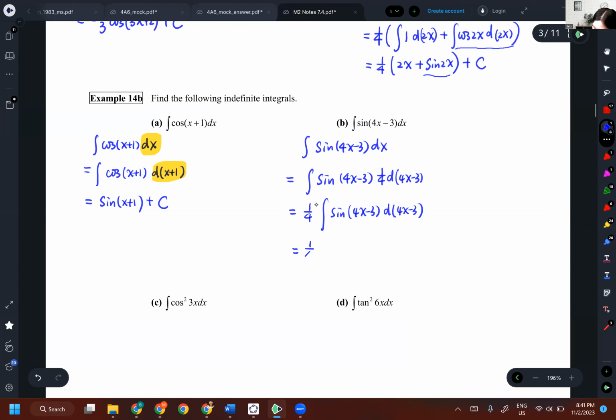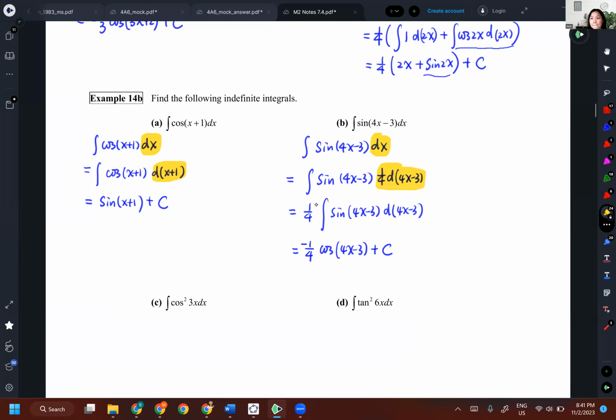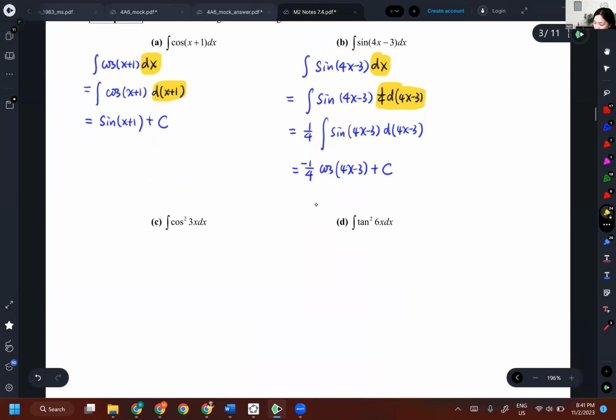And that is 1 over 4 negative cosine u plus c. It's small, but there's a substitution.